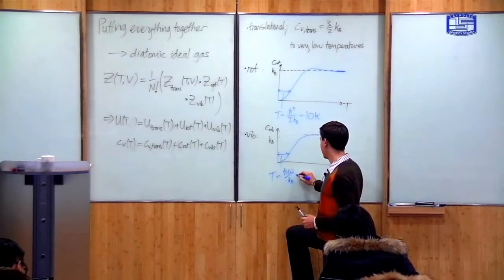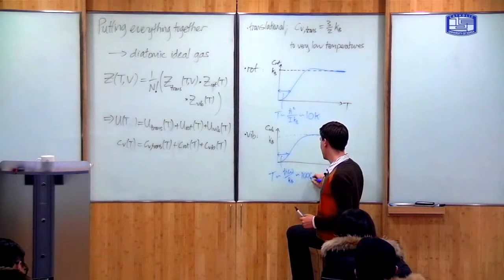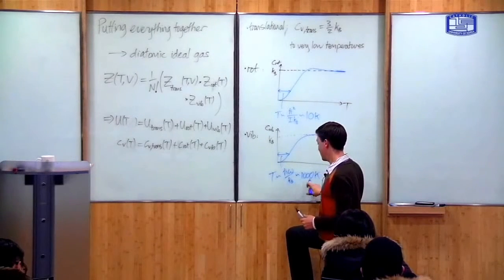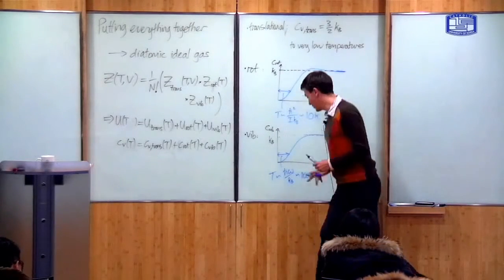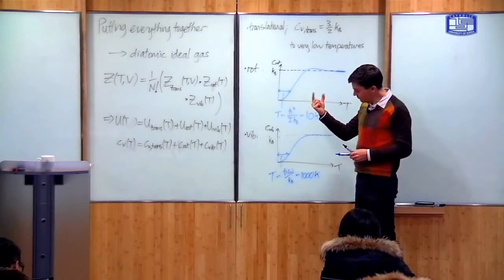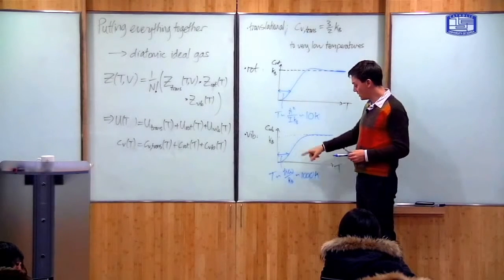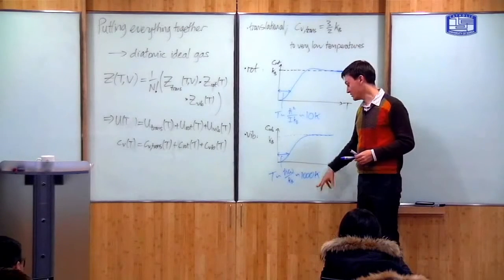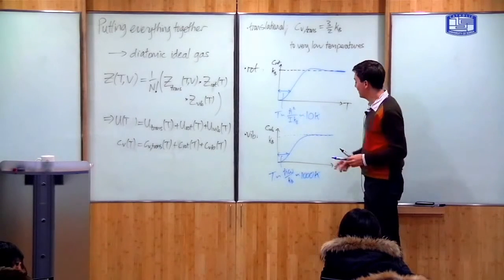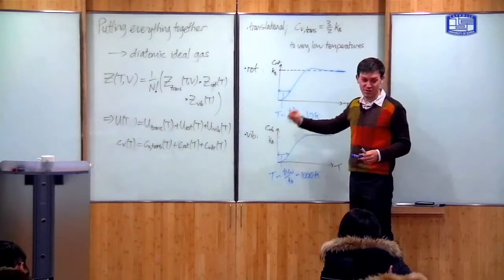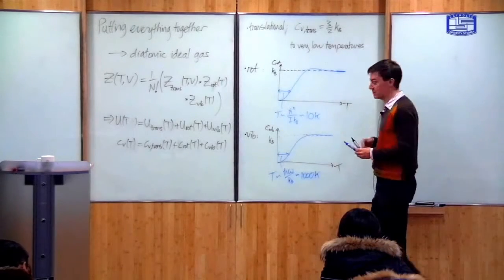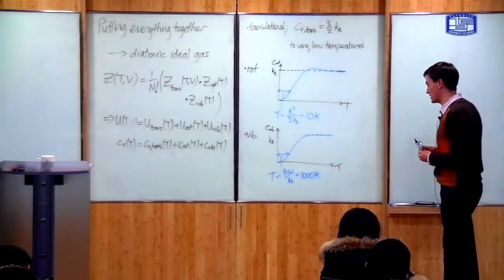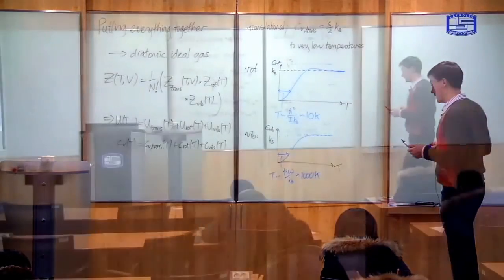And for typical molecules, this turns out to be not 10 Kelvin, but 1000 Kelvin. In other words, the vibrational excitations only occur at very high temperatures. So if you're at low temperatures, or even at room temperature, there is very little vibrational energy in the gas. It's almost all in the form of rotational and translational kinetic energies.